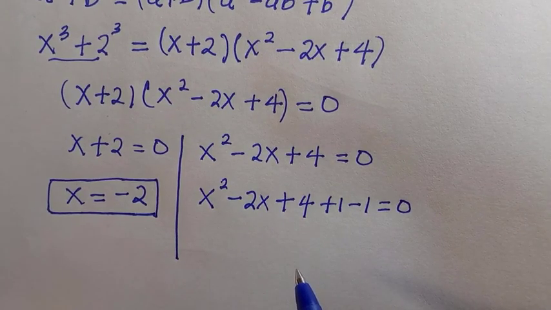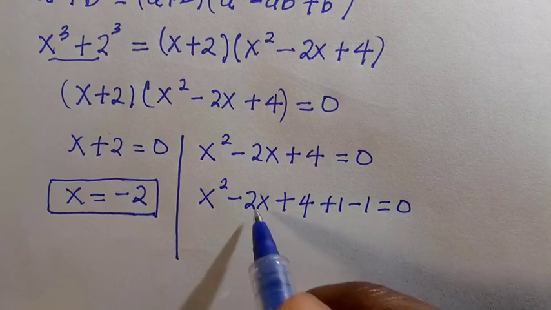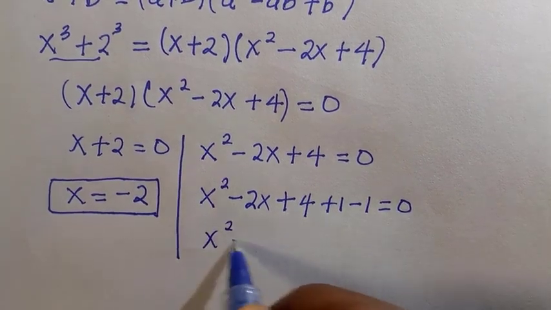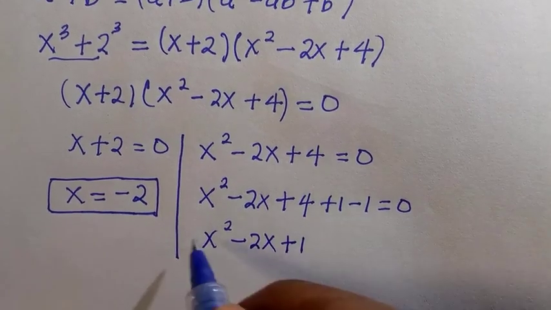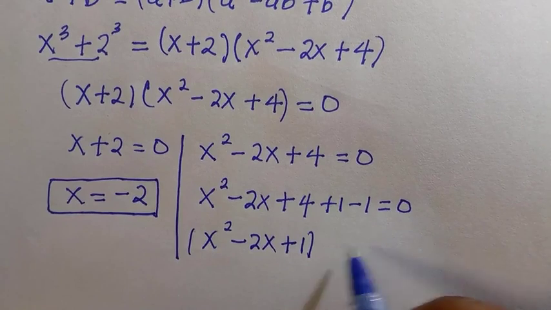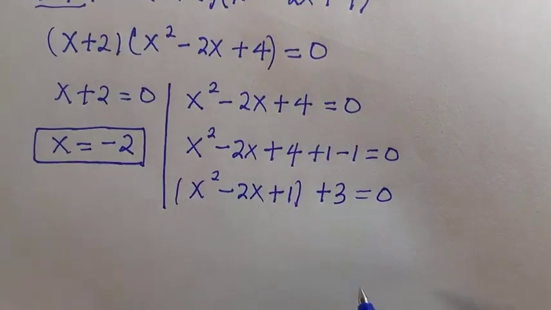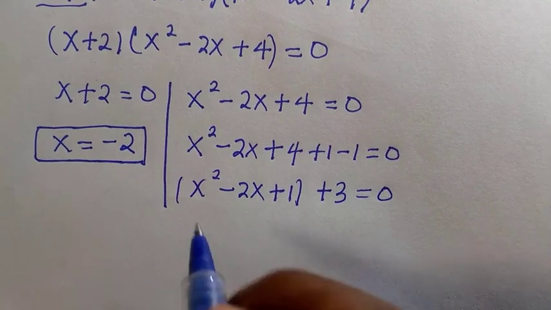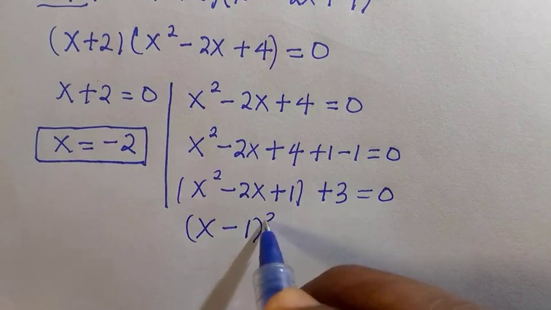If I combine x raised to the power 2 minus 2x plus 1 together, we have x squared minus 2x plus 1, so I'm going to bracket this. Then 4 minus 1, that is 3, equals 0. And we know that x squared minus 2x plus 1 is the same thing as x minus 1 all raised to the power of 2.